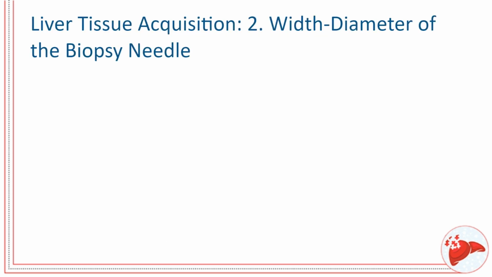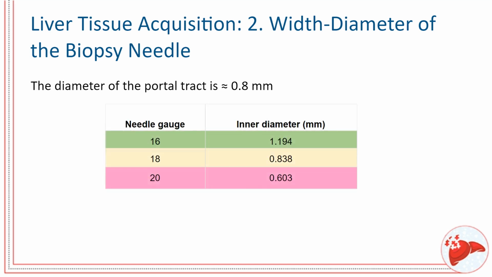The second requirement is the width of the liver core, which depends on the diameter of the biopsy needles. We know that the diameter of the portal tract is roughly 0.8 millimeter. Currently, there are 3 needles used for liver tissue diagnosis: 16 gauge, 18, and 20.